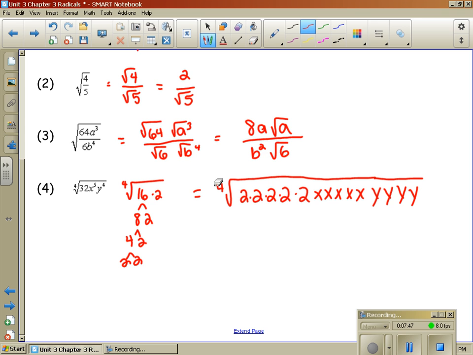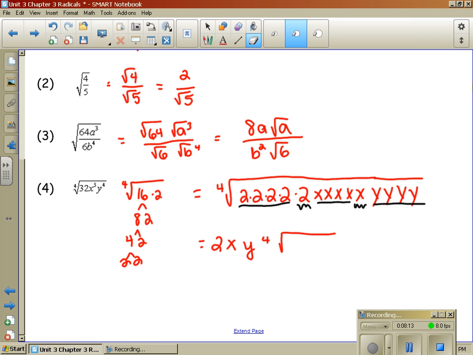Now remember, we're taking the 4th root, so we want groups of 4. So, one group of 2 comes out. 1 x comes out. 1 y comes out. What do we have left over?